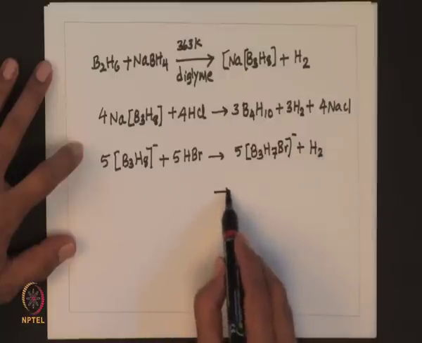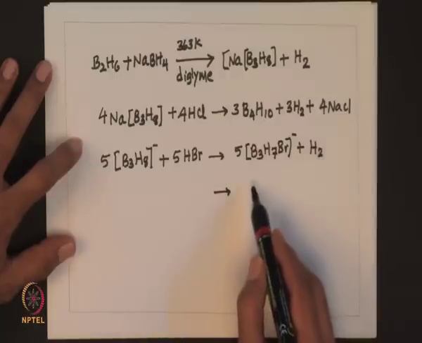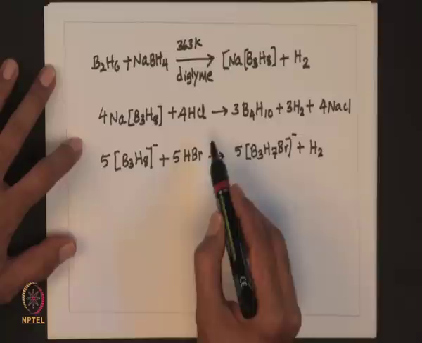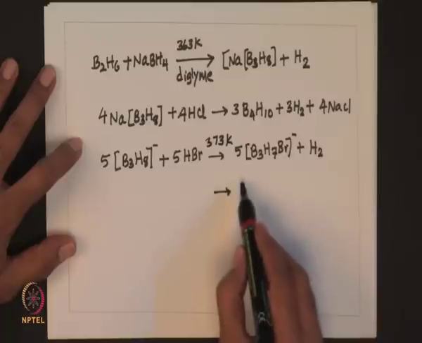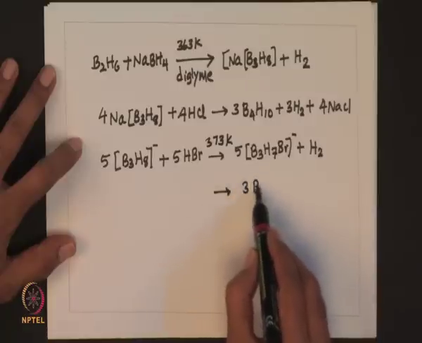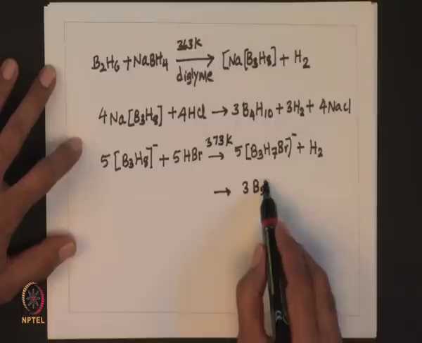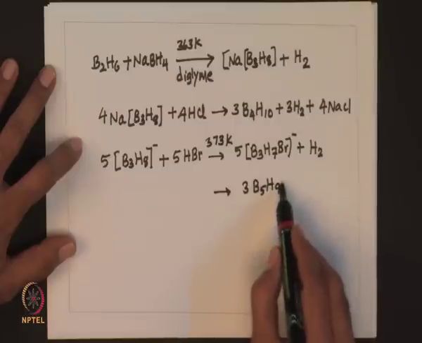And the same reaction at slightly different reaction conditions, this is at 373 Kelvin, gives an even higher analog, B5H9, a neutral boron hydride.